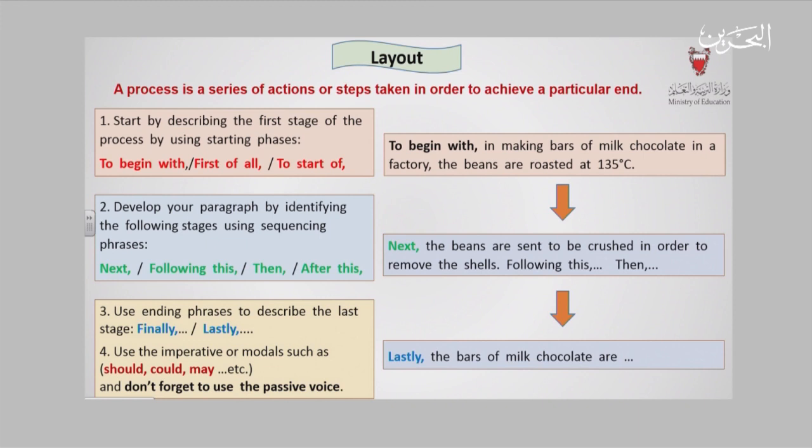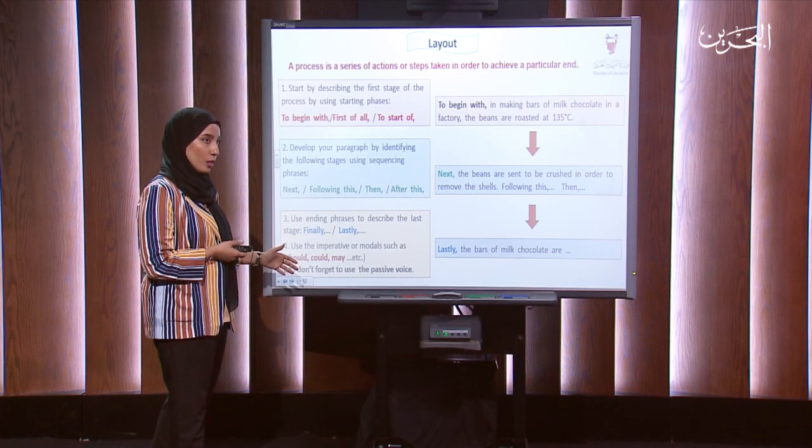When we reach the end, we usually use finally, lastly, in the end, and we should always make recommendations by saying should, could, may. And last but not least, never forget to use the passive voice in academic writing. So as we see, the writing is usually always the same: introduction, body, and conclusion.